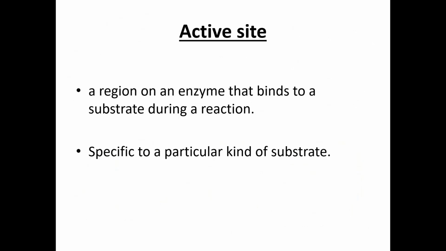An active site is a region on an enzyme that binds to a substrate to make a reaction happen. So it always has a particular shape in order to form a complex. For example, if the enzyme has a square shape, you must find a substrate which has the same square shape so it can bind together. That is what you call an enzyme substrate complex.